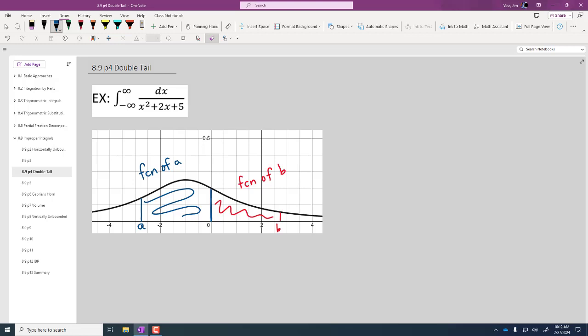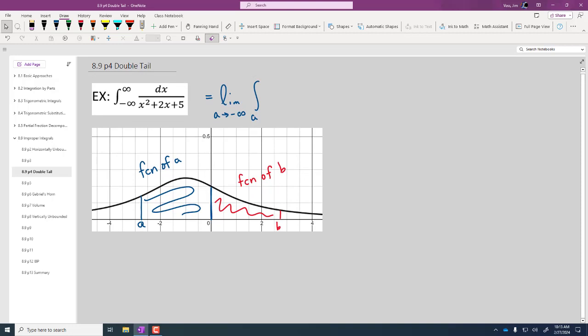Okay, so here is going to be our first step. So we are going to have the limit. So let's do the left tail first. That's going to be as a goes to -infinity. And we're going to have the integral from a up to, let's see, 0. Yeah, we chose 0 for, I think, a good reason.